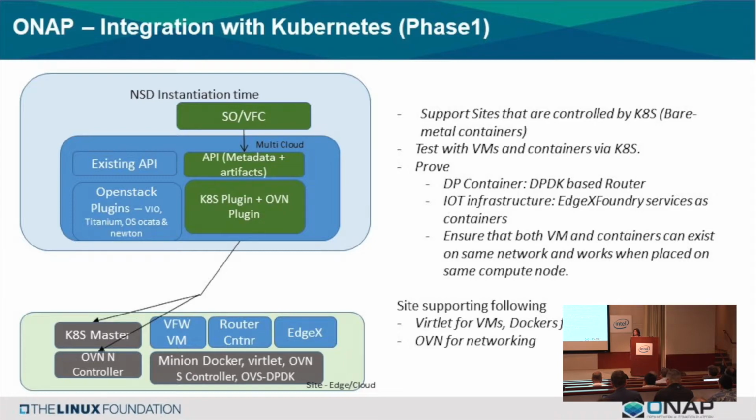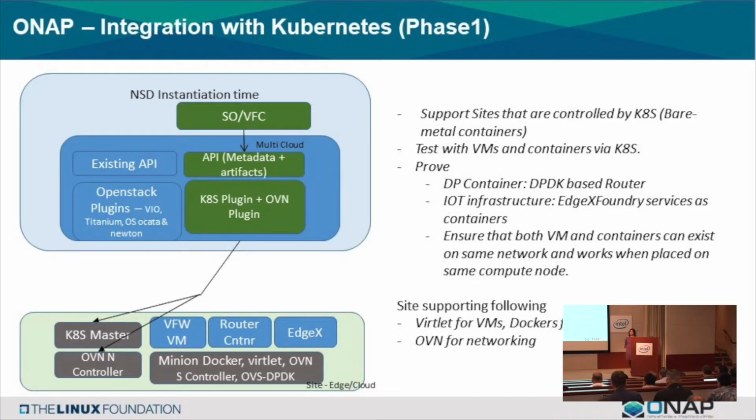So we will get a request from SO into the multi-cloud project in ONAP. The multi-cloud project is the project which is managing these different OpenStack variations. All these variations have some differences, and they are managed by the multi-cloud project. So in the multi-cloud project, we are going to add support for Kubernetes.